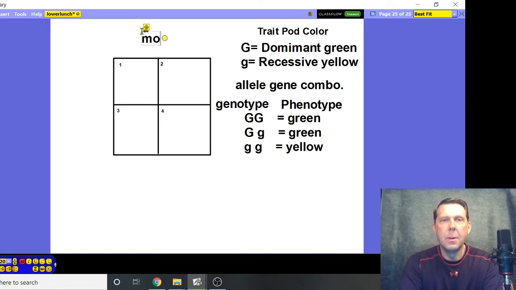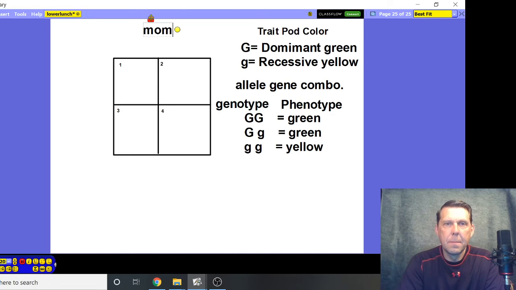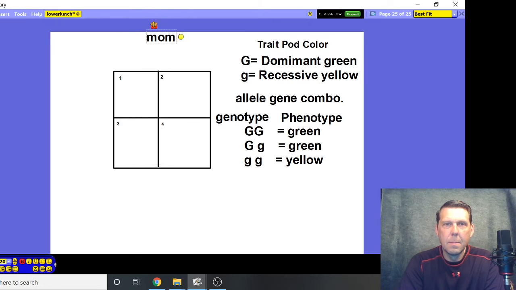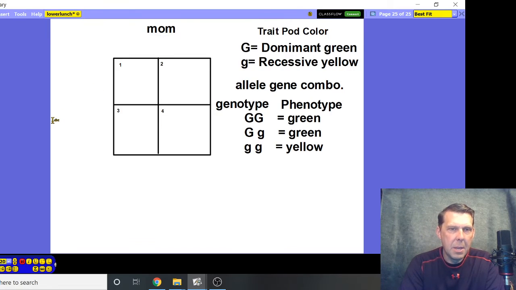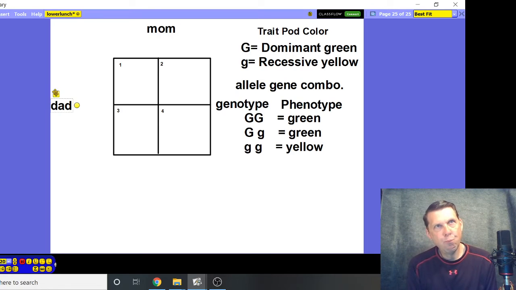We'll put mom here, mom plant. Usually they say like plant 1 or plant 2, but I like saying mom and dad plant because it's more fun. All right. So do we want mom to be green or have pods that have green or yellow? Let's have her have yellow.